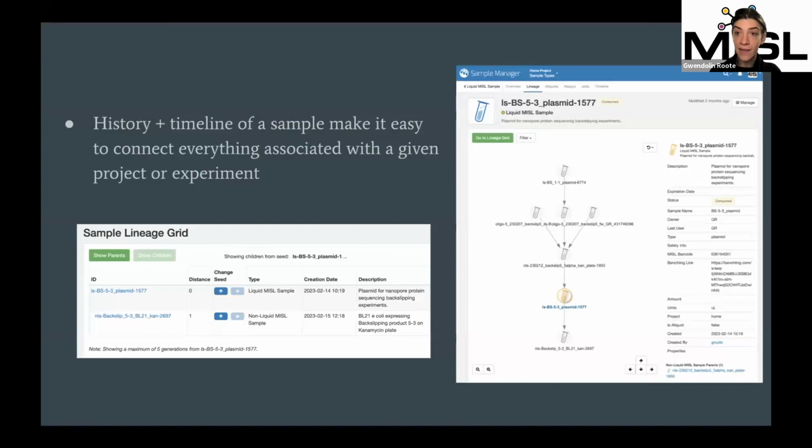Another thing that I love about Sample Manager is the lineage function. So for any sample, there's a really wonderful tool of parent-child relationships between other samples that you have in your database. So we do a lot of things where our samples kind of change form a lot. For example, here I was making custom protein.